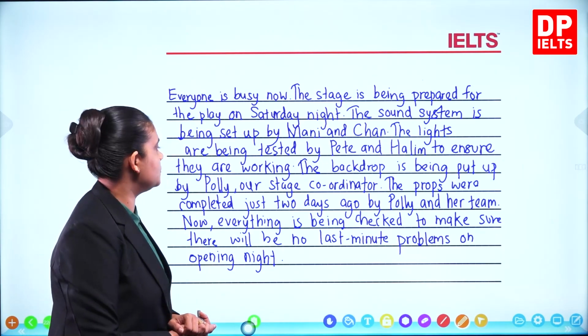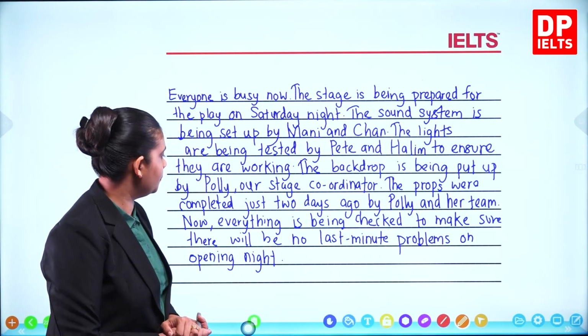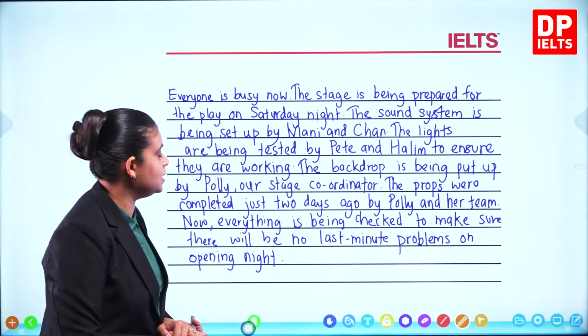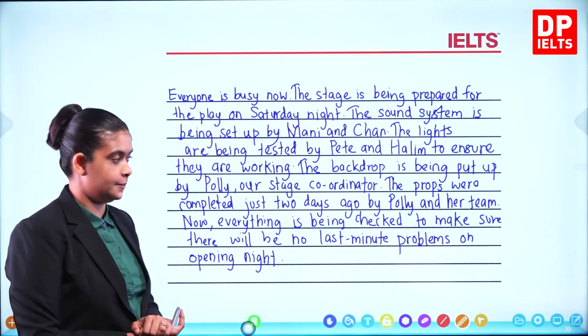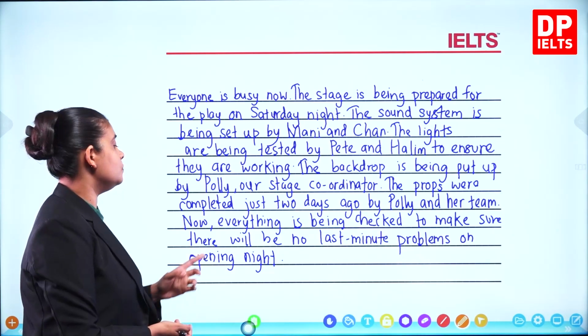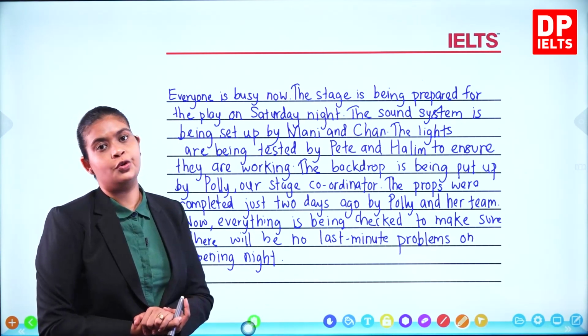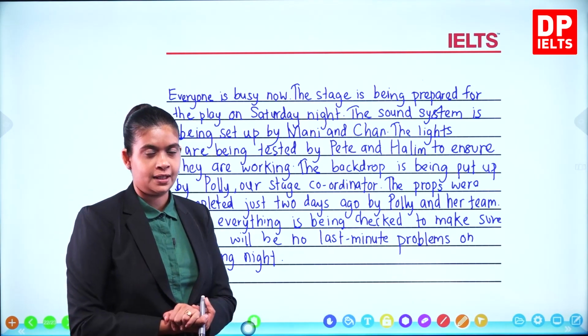The backdrop is being put up by Polly, our stage coordinator. The props were completed just 2 days ago by Polly and her team. Now, everything is being checked to make sure there will be no last-minute problems on opening night.